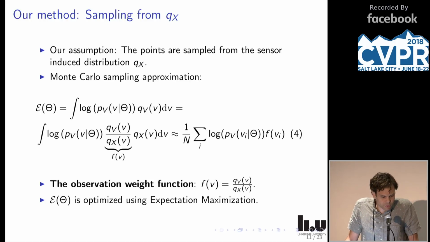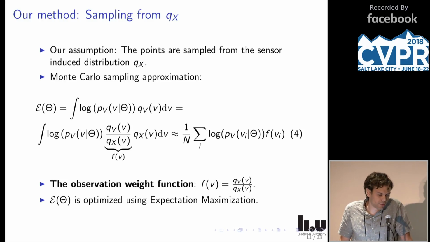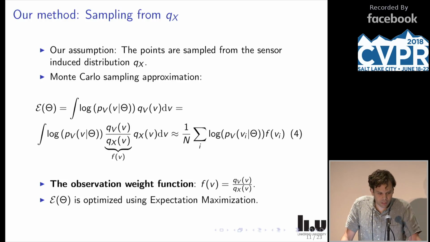What comes out is this function f, which will act as weights in this sum. We call this function f the observation weight function, and it is simply the ratio between the latent scene distribution and the sensor-induced distribution. It's quite easy to show that this objective can also be optimized using expectation maximization.